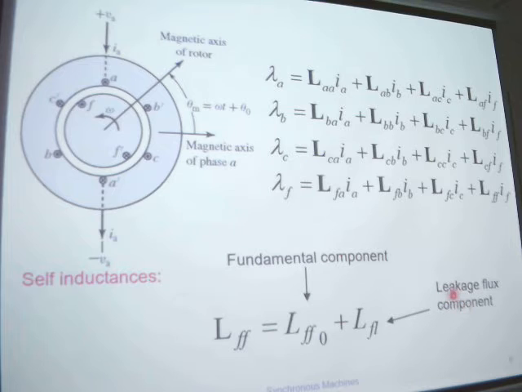Here we use L_FL to represent the leakage flux, and L_FF0 is the fundamental component, because we have omitted the harmonics such as the 3rd and 5th.